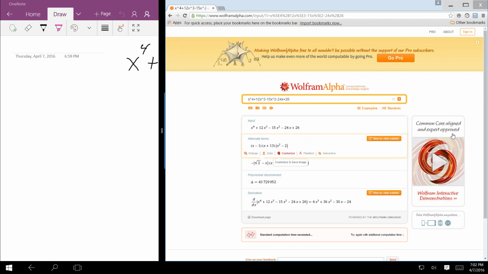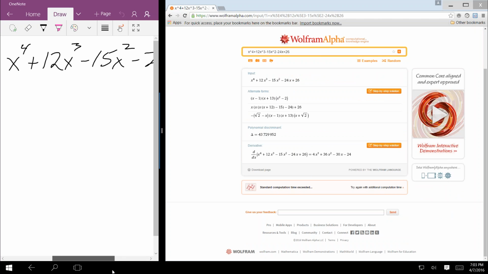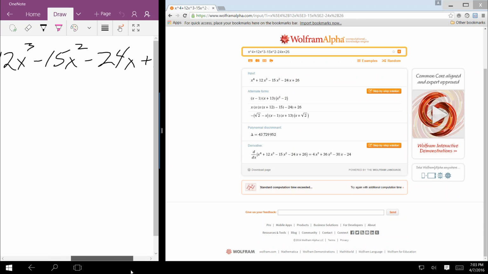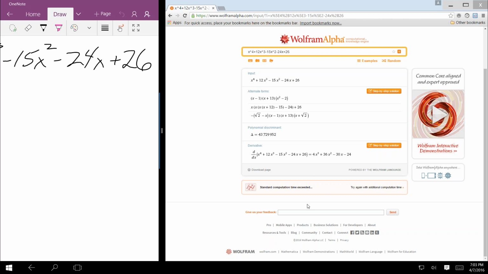Okay? And it gives me all the zeros. Normally, it doesn't want to give me the zeros. Did I put it in correctly? Let me see. X to the fourth plus 12x cubed minus 15x squared minus 24x plus 26. Yeah, that's it. This is the first time I've ever seen it not give the zeros automatically.